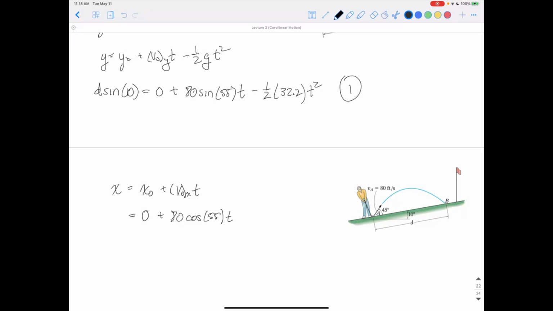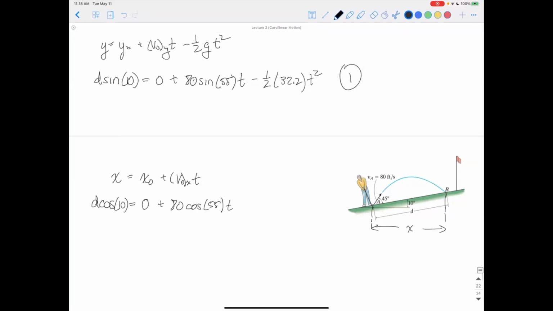And we can write the value of x. If the distance along that plane is d, that means the distance x we can write as d cosine 10. So we have our second equation.